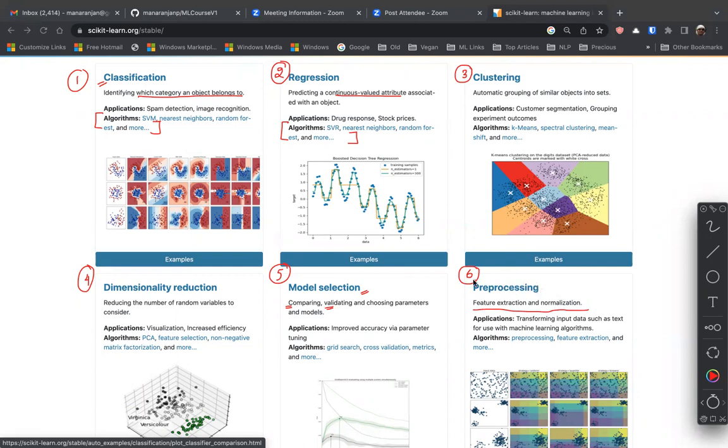So those kinds of pre-processing can be done, and there's a module for that. So if you look at the way the library is designed, there's a dedicated module for different kinds of problems: classification, regression, clustering, and dimensionality reduction. And these two modules are primarily for the model development process, which can be leveraged across all these four different problem types.